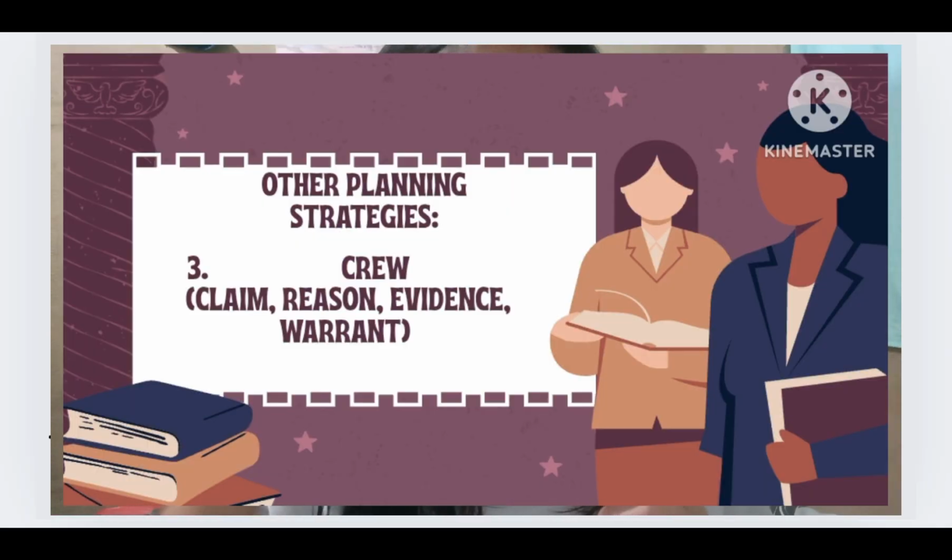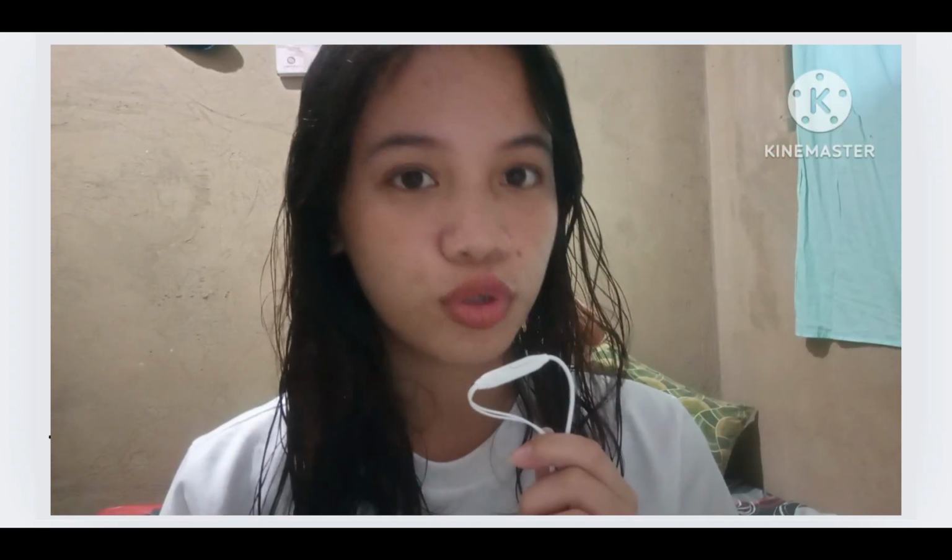So what is CREW? CREW is the abbreviation: the first letter C is for claim, R for reason, E for evidence, and W for warrant. So that is CREW.